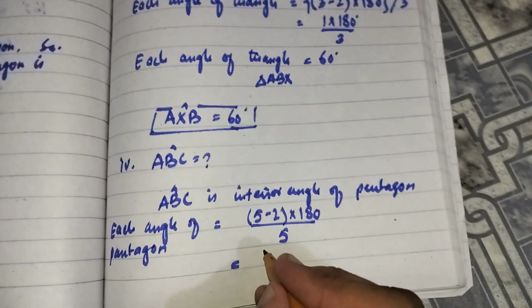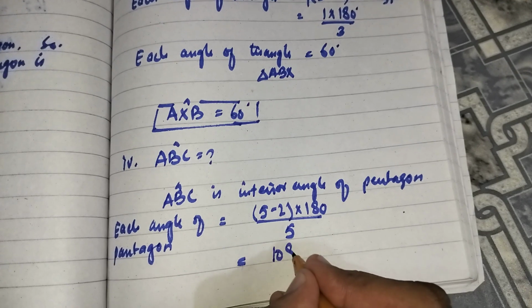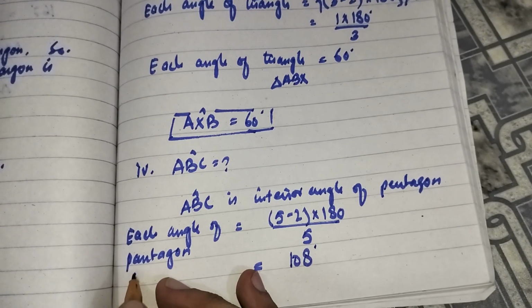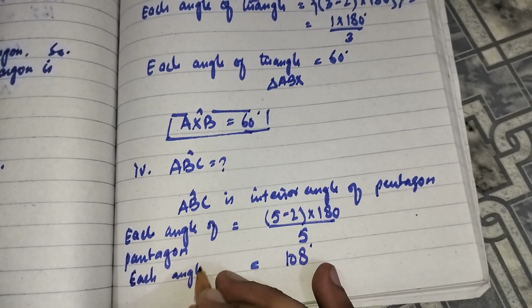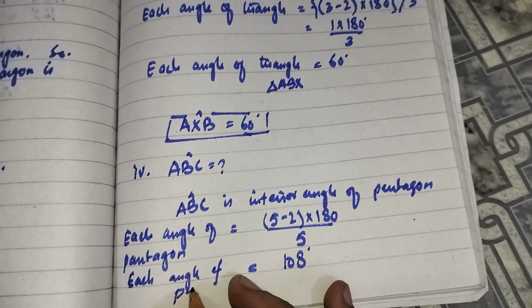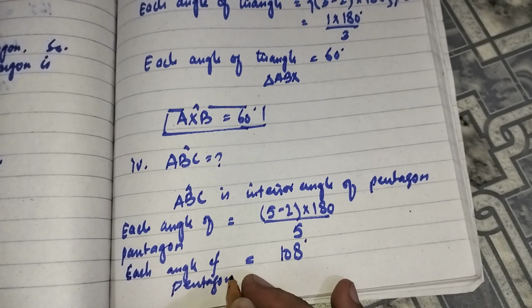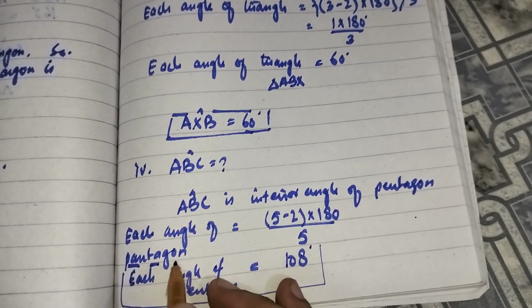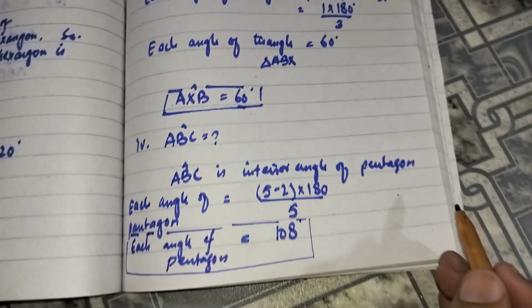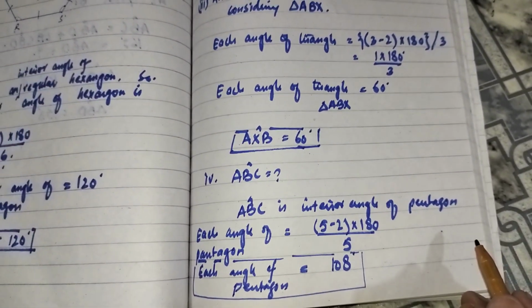So each angle of a pentagon is equal to 108 degrees in the fourth part. Now moving to the fifth part.